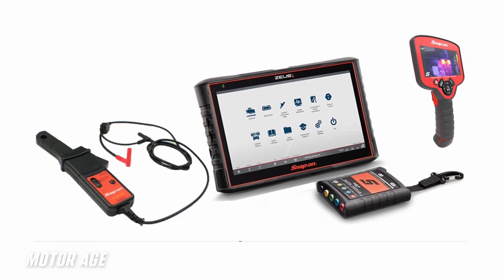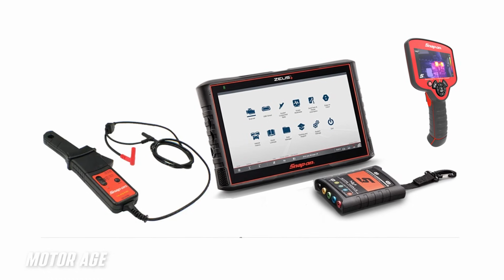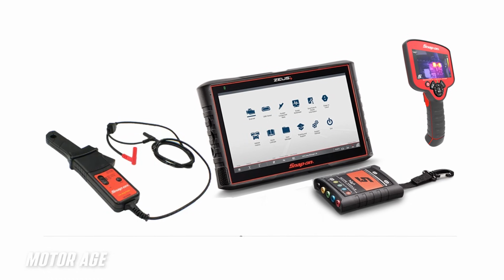So as you can see, it's not rocket science, but it is science. If we take the opportunity to understand and leverage these electrical laws of physics to our advantage, we can then apply them using the appropriate tools. In this case, like the Snap-on Zeus Plus, the Snap-on EETA 308D low amp probe, and the Snap-on Diagnostic Thermal Imager.